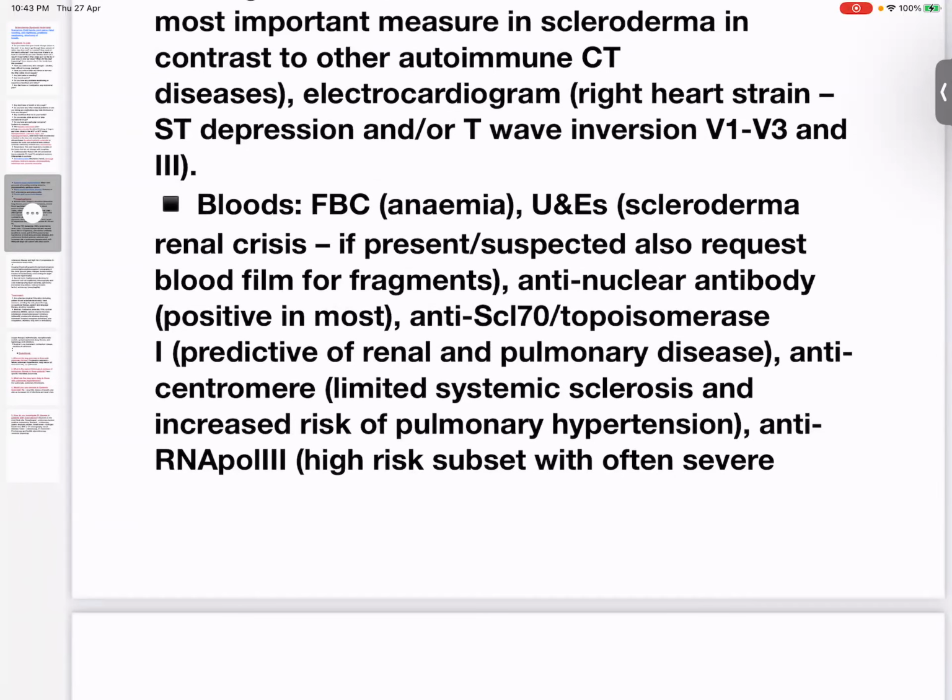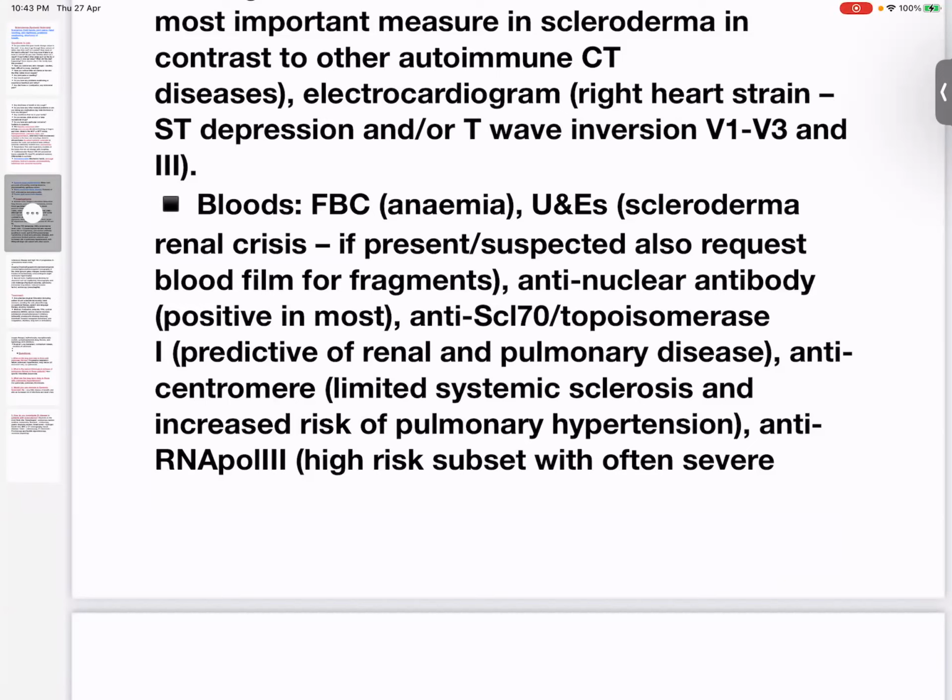Anti-centromere, this is in case of limited systemic sclerosis or CREST syndrome. CREST syndrome, this you check by anti-centromere. So please remember 4 important antibodies. The first is anti-nuclear antibodies in order to check for association with other autoimmune disease.